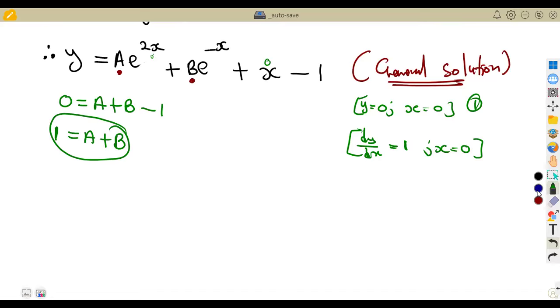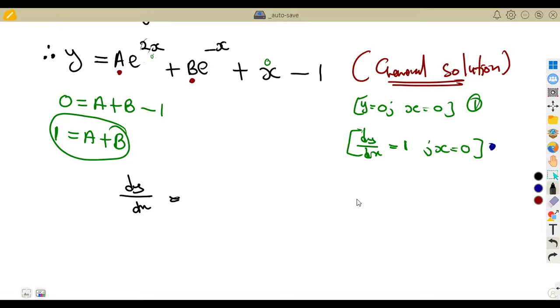We move on to the second condition. The second condition is where we are applying the derivative. They gave us the derivative of y with respect to x, so we have to find this derivative of y with respect to x. Here we differentiate e.